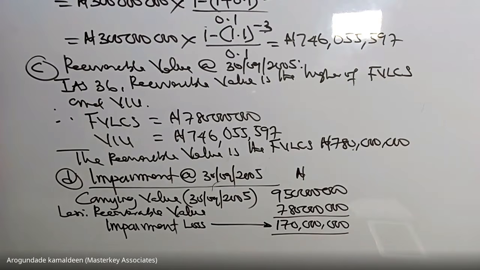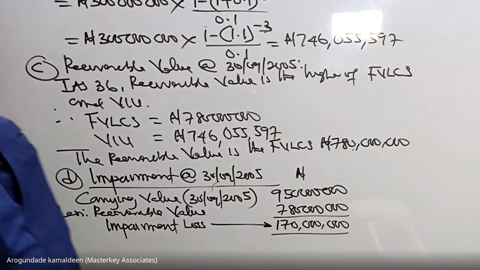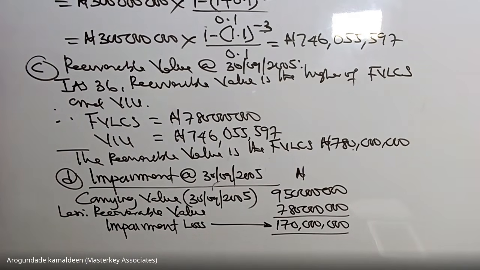So please, sorry to draw us back. Where do we get the 950 million from? It's in the question. Check from the start of the question. Because this asset is maintained using the revaluation model, at the end of each year it is revalued. So the revalued amount is going to be the new carrying value. I hope we are all there now, class.